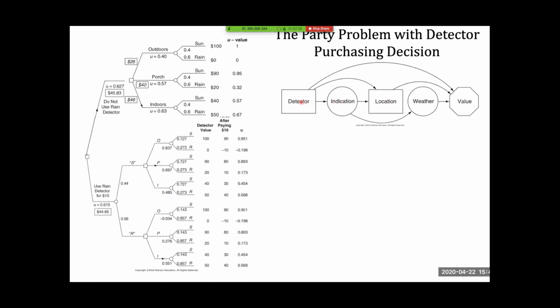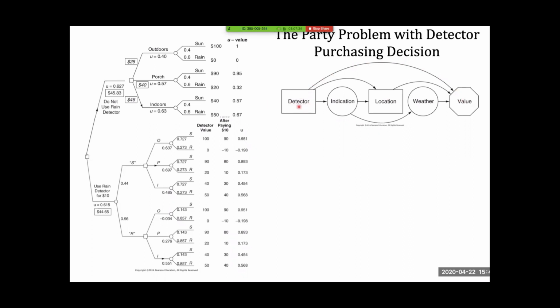The detector will also send an arrow that represents information. When you're deciding where to have the location, you know whether you have purchased or not purchased the detector. That's why detector is sending an arrow to location. Also, the decision whether to buy a detector or not determines the value of the party.